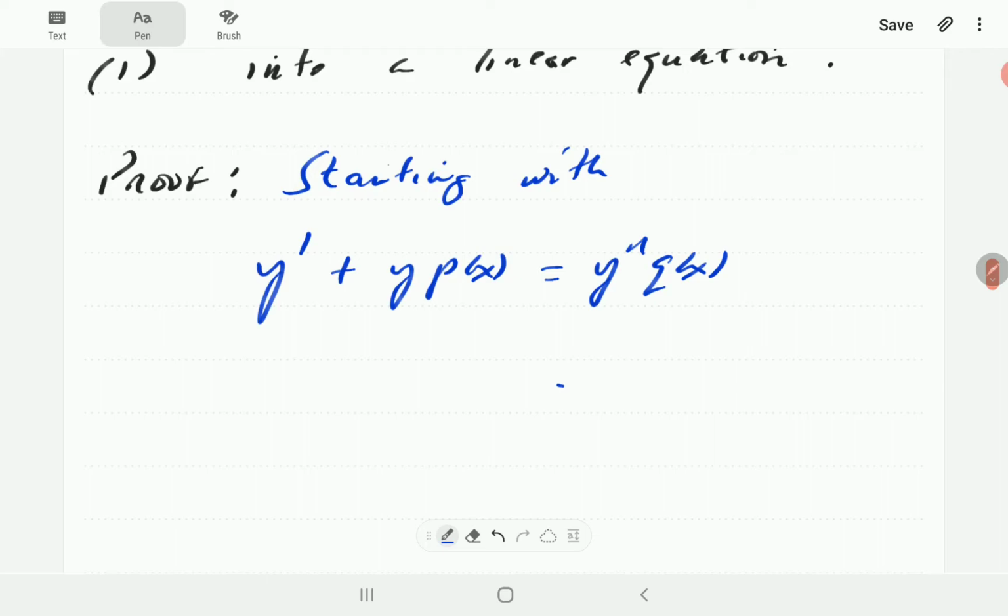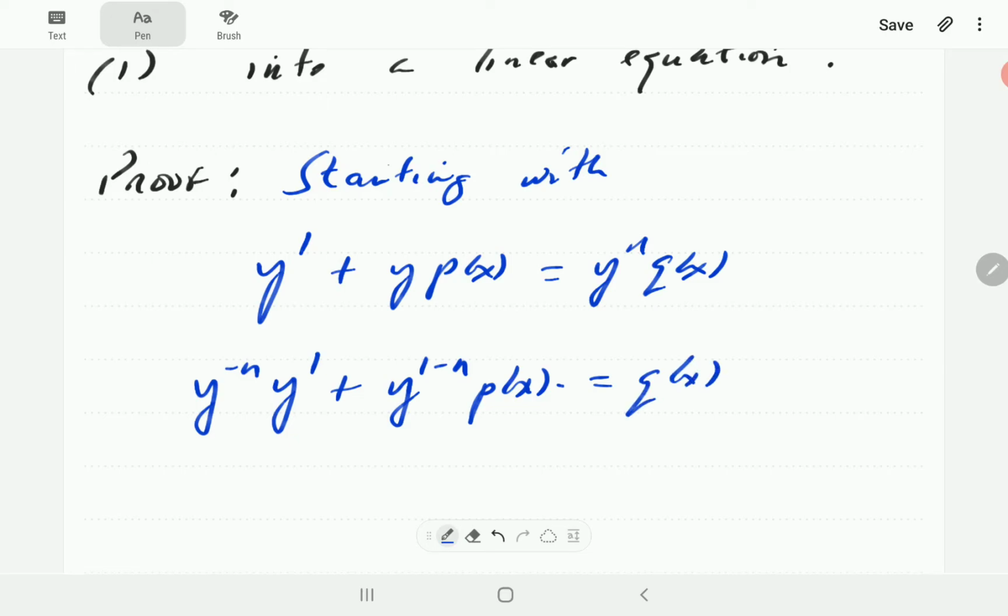Okay, if we divide everything by y to the power n here, then we're going to have y to the power negative n y prime plus y to the power 1 minus n p of x is equal to q of x.